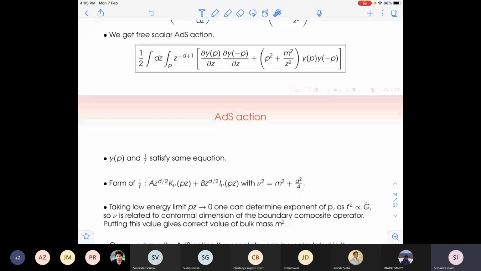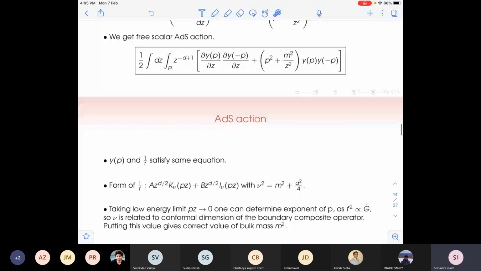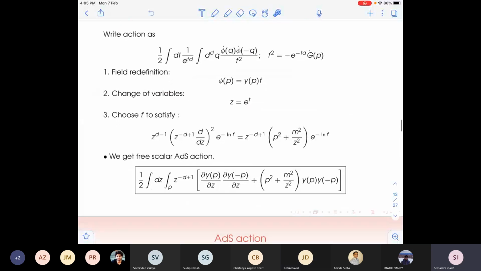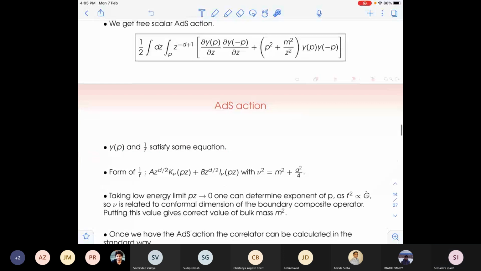How to determine the m square: we know that this 1 by a is related to g dot of the theory. Whenever we are considering a boundary theory, we know what the g of that theory should be in the low energy limit. In that limit, z tends to 0, so one can determine it, because that is given.